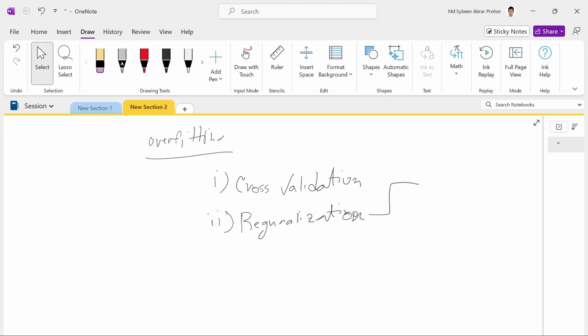And this also divides into three types, which are lasso, ridge, and elastic net.